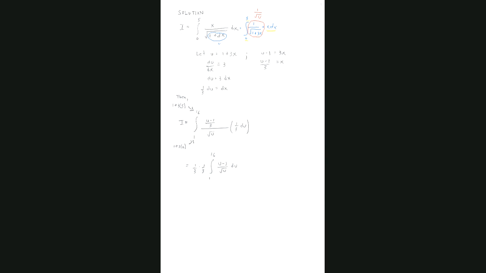So first what we're going to do, just like the last two problems, is u equals 1 plus 3x, and we're going to differentiate u with respect to x. So du dx will equal 3, because the derivative of 1 plus 3x with respect to x is 3.